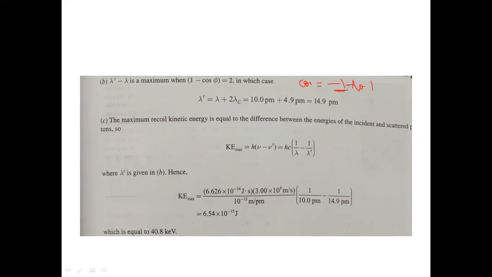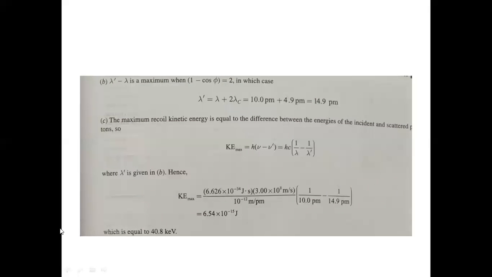By putting minus 1 here, we get 2. Lambda dash minus lambda is maximum because it depends on this factor only, since lambda c is constant. Hence, putting various values here, we get 14.9 picometers.